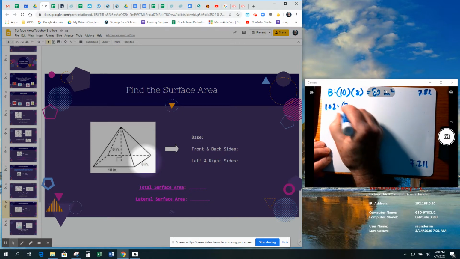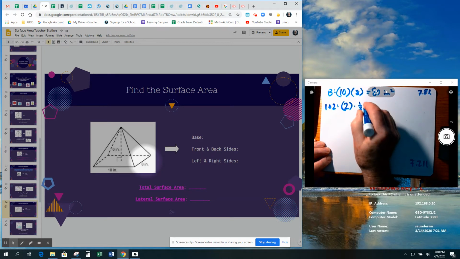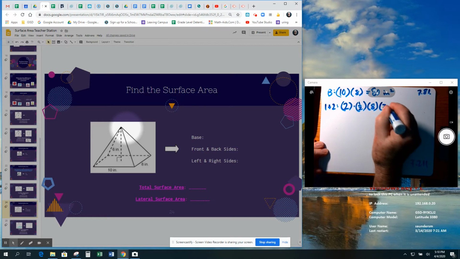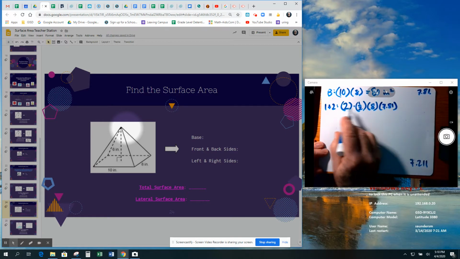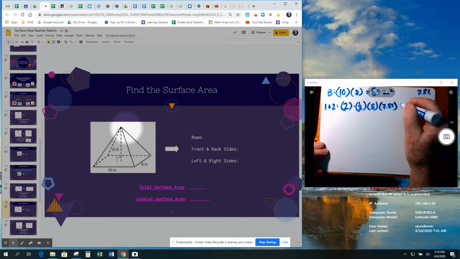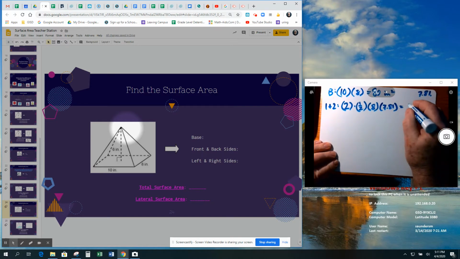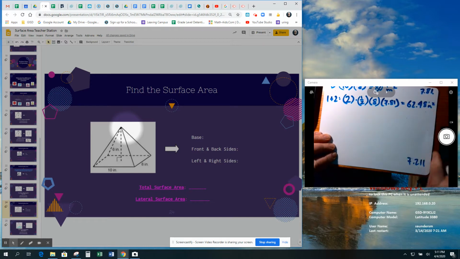We have 2 times 1/2, and our base is 8. And remember, the slant height that we calculated is 7.81. So 2 times 1/2 is 1, and then we need 8 times 7.81, which is 62.48 inches squared. Sorry, I moved my camera.